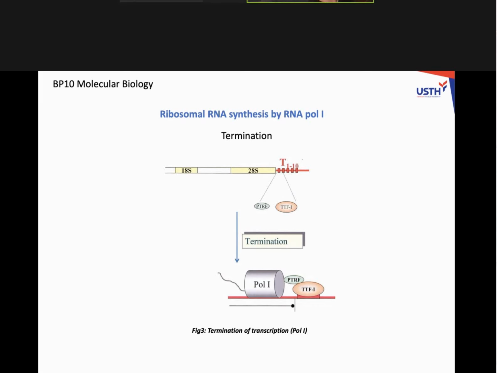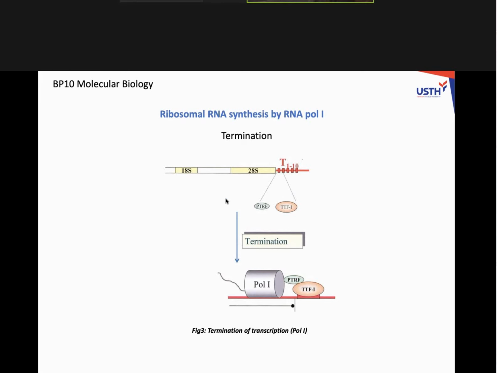We've got a simple promoter that is recognized by general transcription factors, such as TATA binding protein. All the initiation complex is constructed just before the initiation start. Once everything is there, the transcription by POL1 can start. So you've got the pre-ribosomal RNA, which is transcribed.